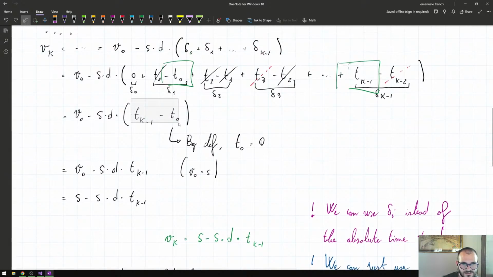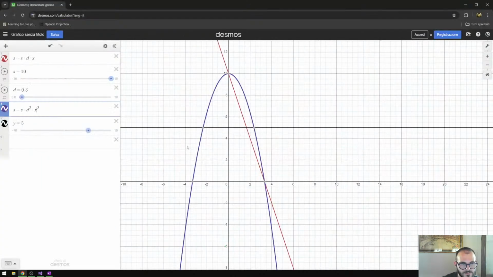Because this, by definition, 0 is 0 under our assumptions. Okay, so we should record the time in which the wheel event actually occurred, and from there do the thing.